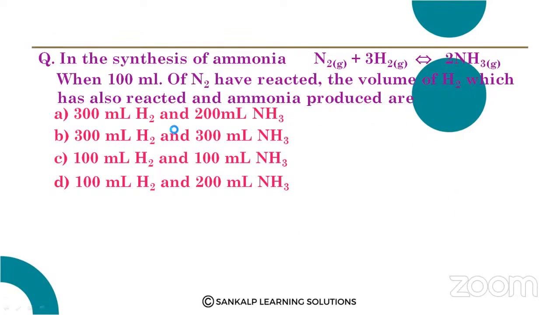In the synthesis of ammonia, that is N2, Haber's process, right? N2 plus 3H2 gives you 2NH3. When 100 ml of N2 has reacted, find the volume of H2 which has also reacted and the ammonia produced.